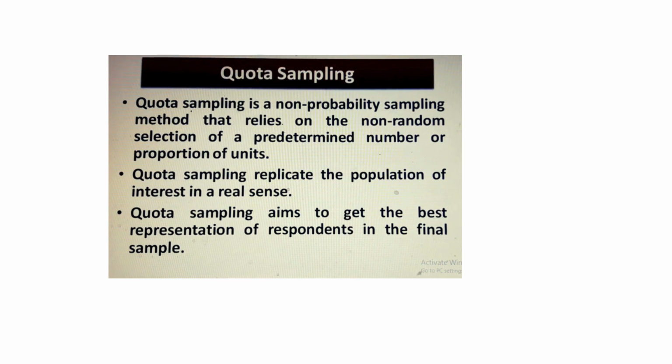Moving next, we have quota sampling. Quota sampling is a non-probability sampling method that relies on the non-random selection of a predetermined number or proportion of units. Quota sampling replicates the population of interest in a real sense. Quota sampling aims to get the best representation of respondents in the final sample.